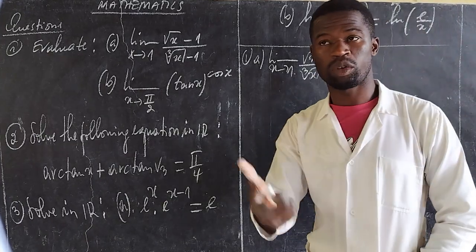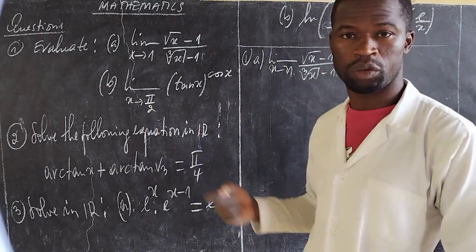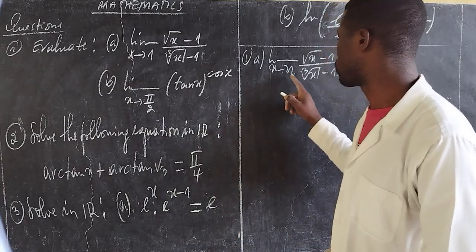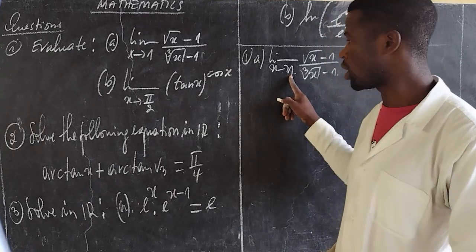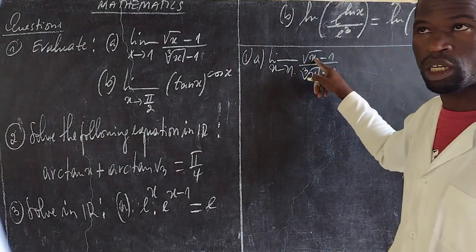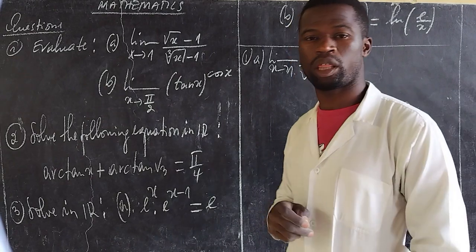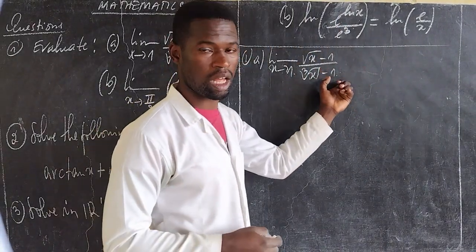When you are evaluating the limits of this kind of equation, first of all, you have to take this value of 1, which is your number already given, and place it here to check whether you can get the answer.